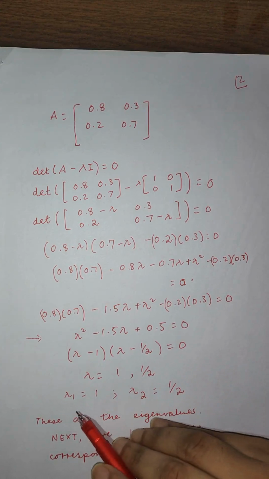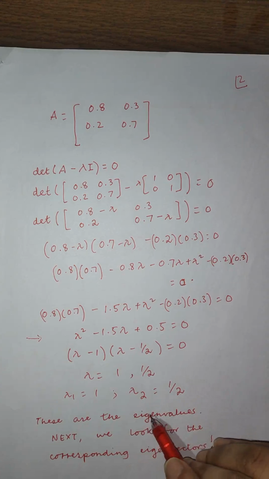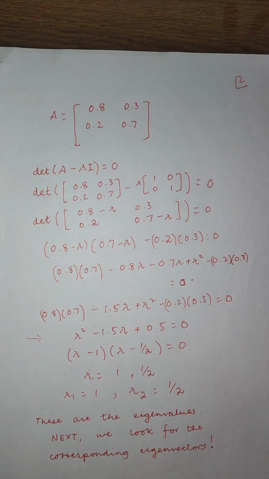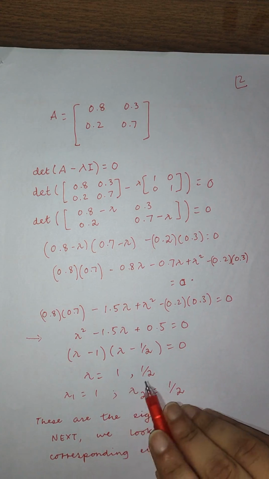So 1 is the first eigenvalue and 1/2 is the second eigenvalue. These are the eigenvalues, and next we will try to find the eigenvector corresponding to each eigenvalue.